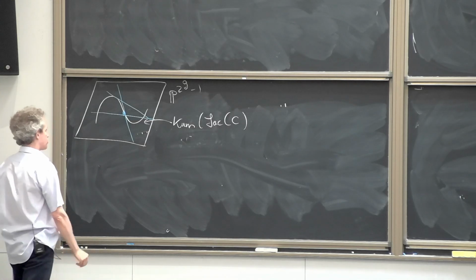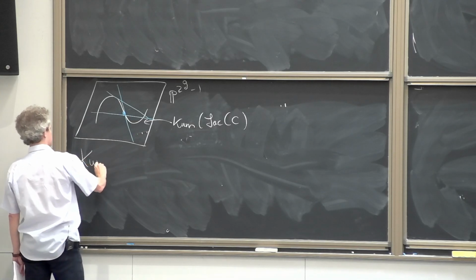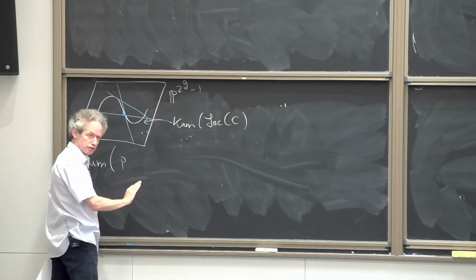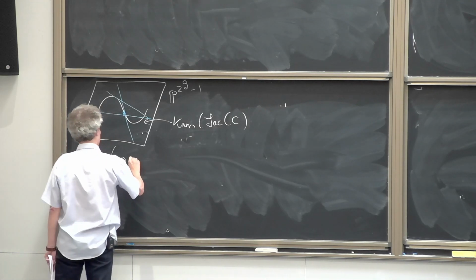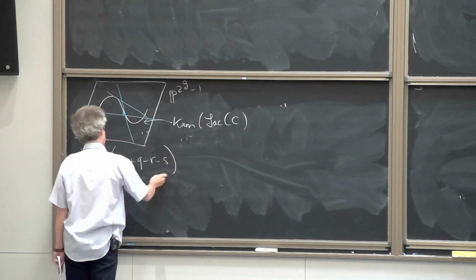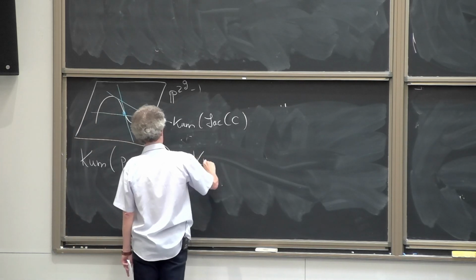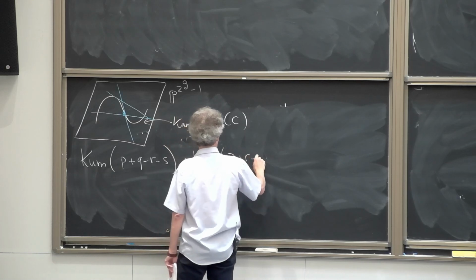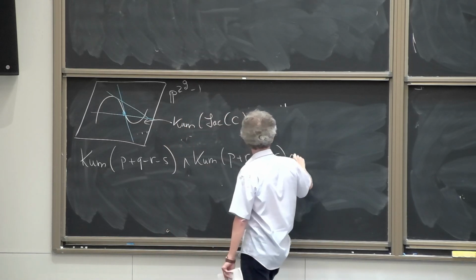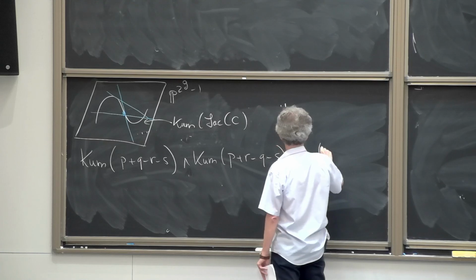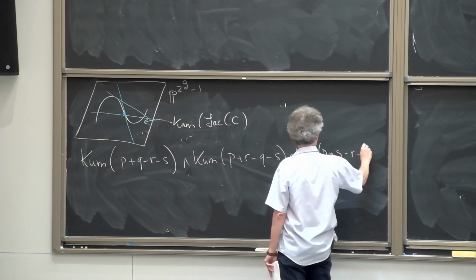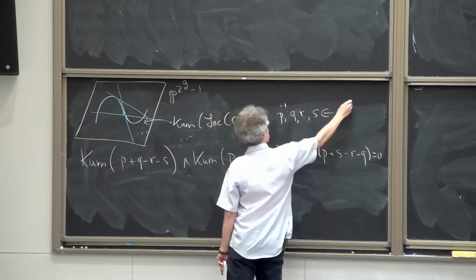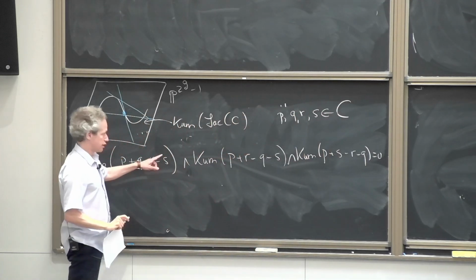What were the actual trisecants we wrote? We wrote the following trisecants. The Kummer image of, I will ignore the over 2 because my writing just gets sloppy. So the trisecant was this statement.